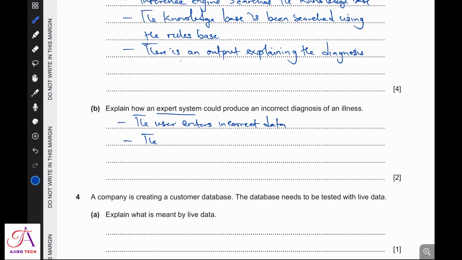Then let's talk about the illness. The illness may not be stored in the knowledge base.